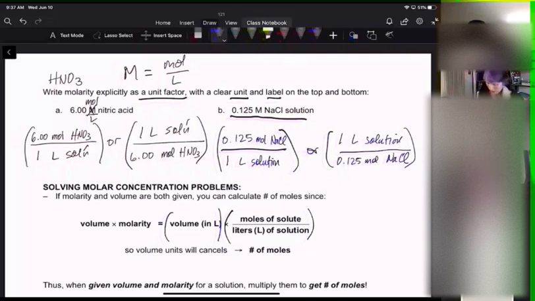So anytime we get the volume times the molarity, those are going to cancel out and you're going to get moles of solute. So we'll be using that, and it's a little bit easier than doing the mass and the molar mass because you have to calculate your molar mass. With a molarity and a volume, they're usually given in the problem, or maybe you have to solve for one.